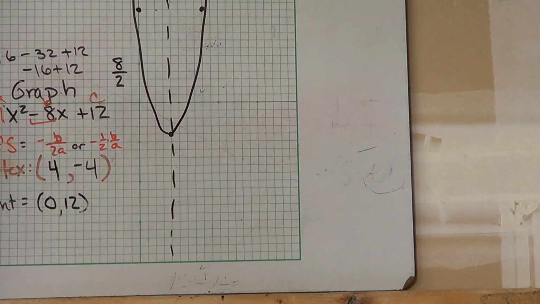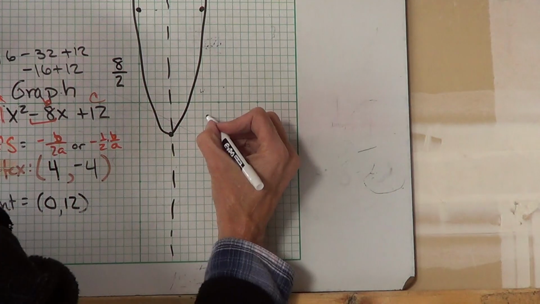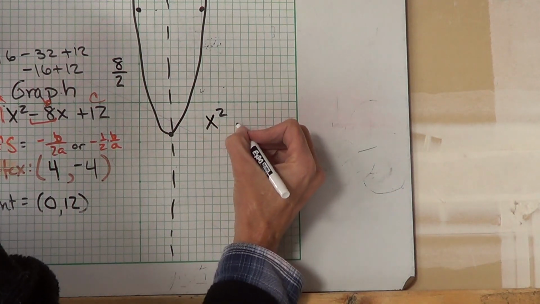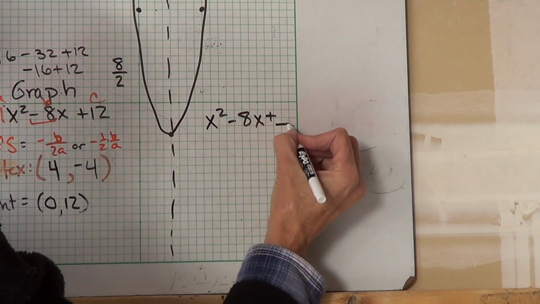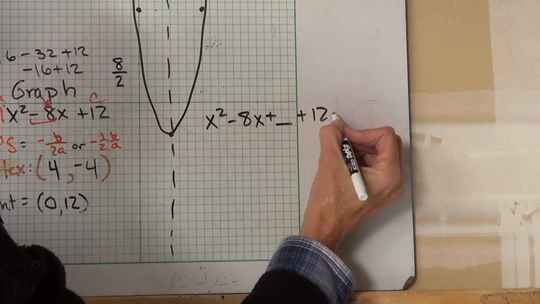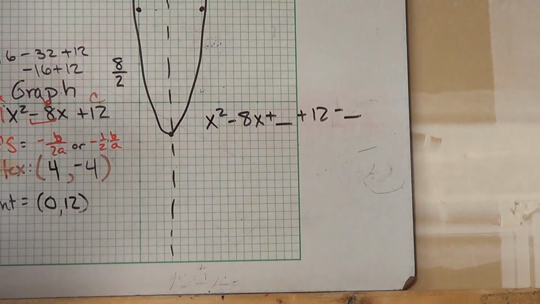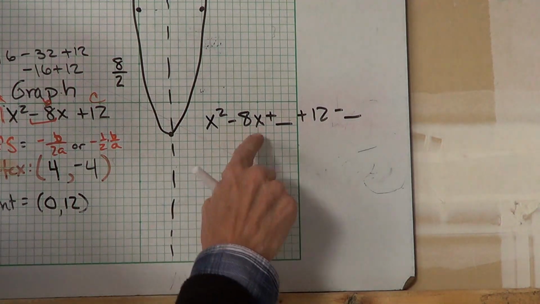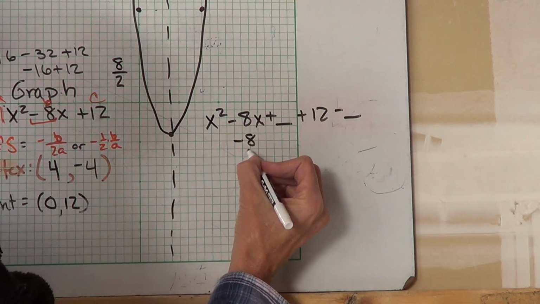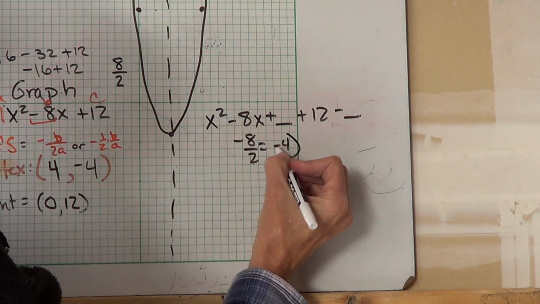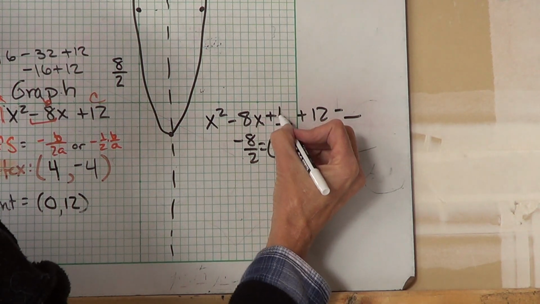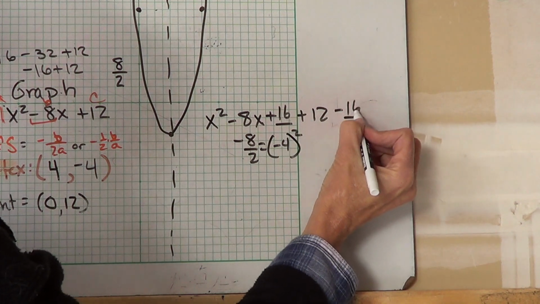If I wanted to do that in vertex form, I would have gone x squared minus 8x plus blank plus 12 minus blank. Yeah, I would have taken my 8 divided by 2, would have gotten negative 4. Negative 4 squared is 16 minus 16.